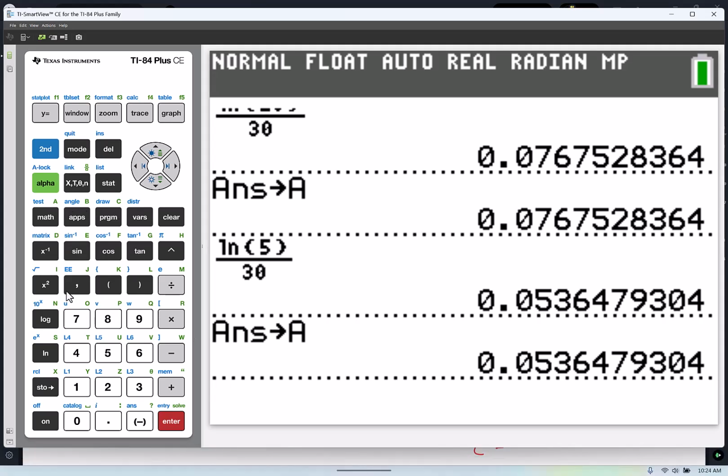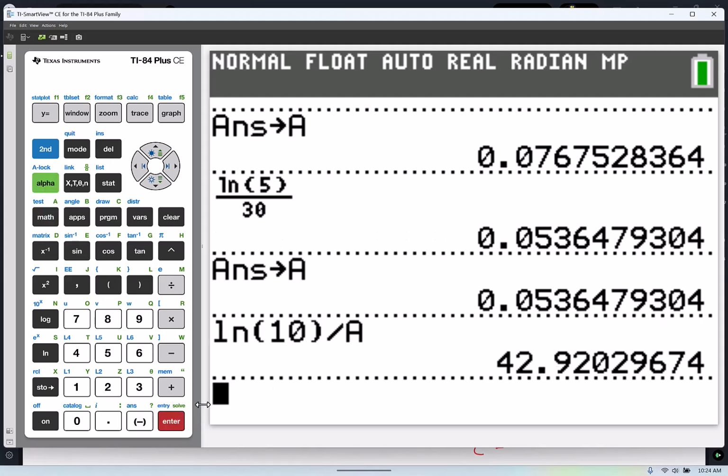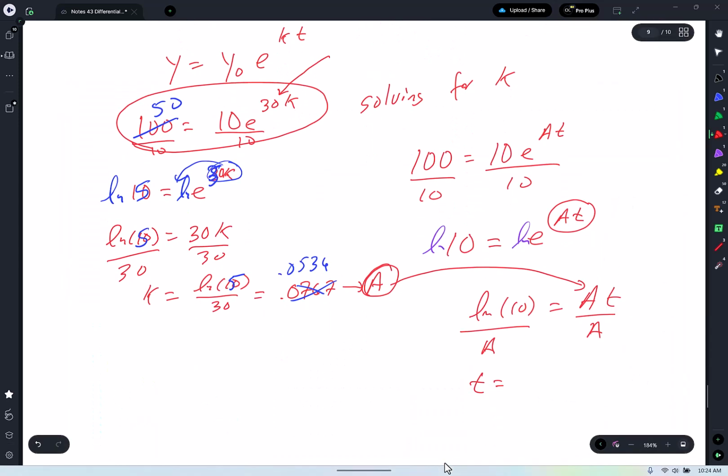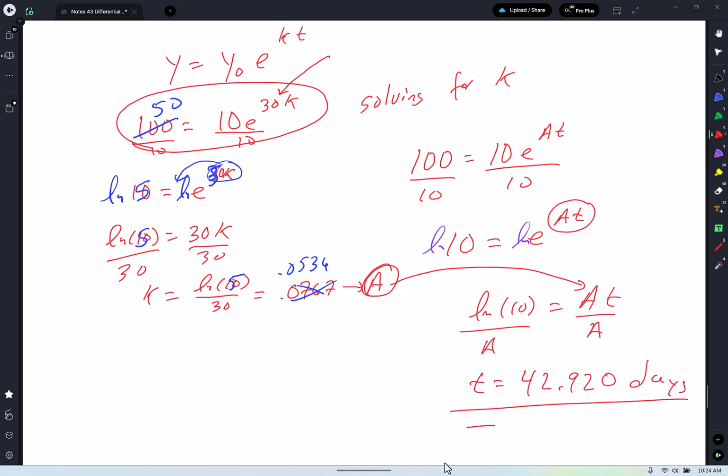So I'm going to go ln of 10 divided by alpha A. And let's see what we get. 42.920. That's how many days? 42.920 days. So I would just say 43 days.